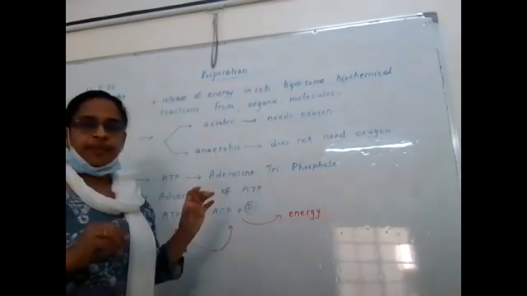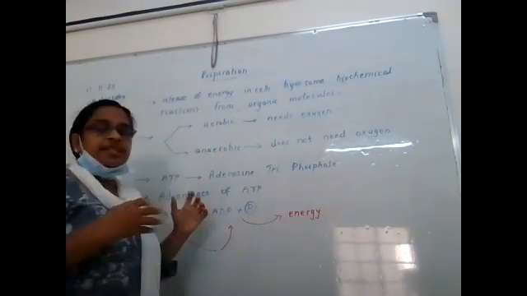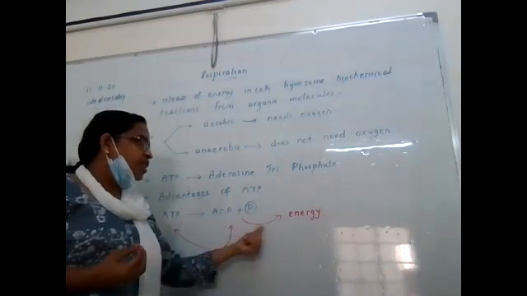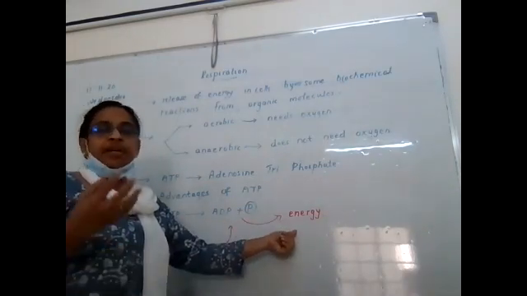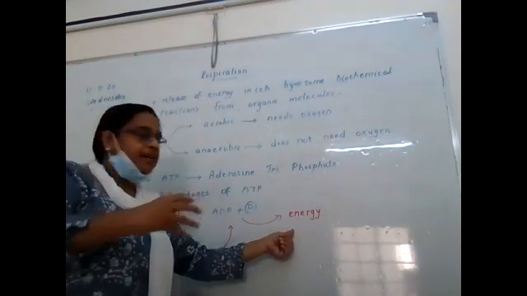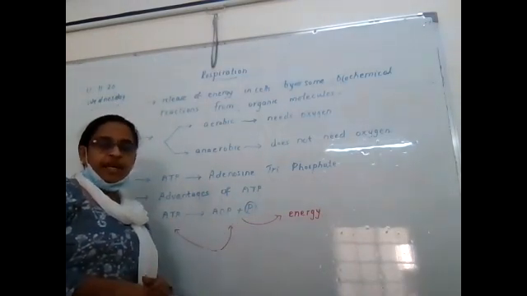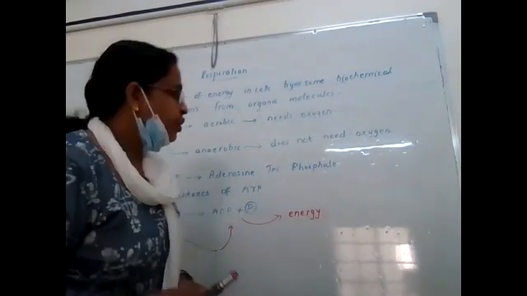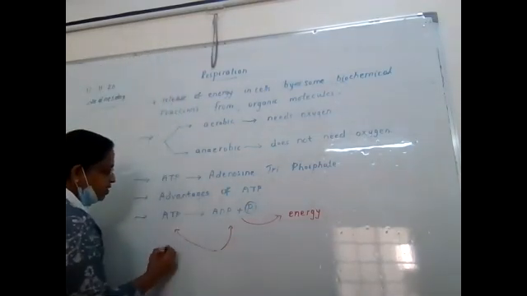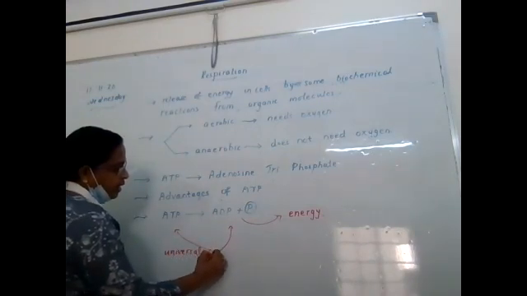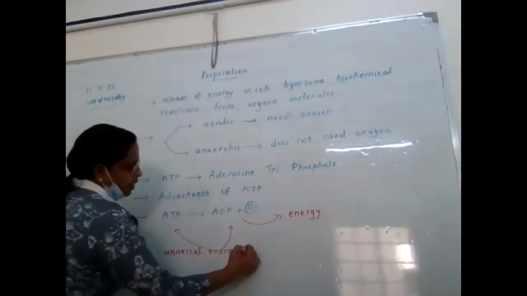And how does it produce energy? When it is hydrolyzed, it releases energy. But when the energy is given back, it again joins back to ATP. That is why it is known as universal energy currency.